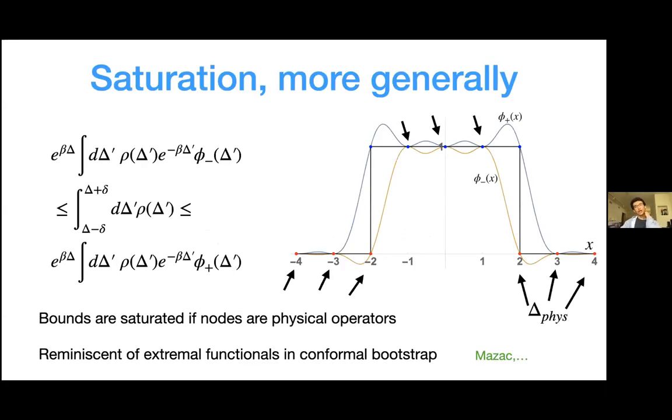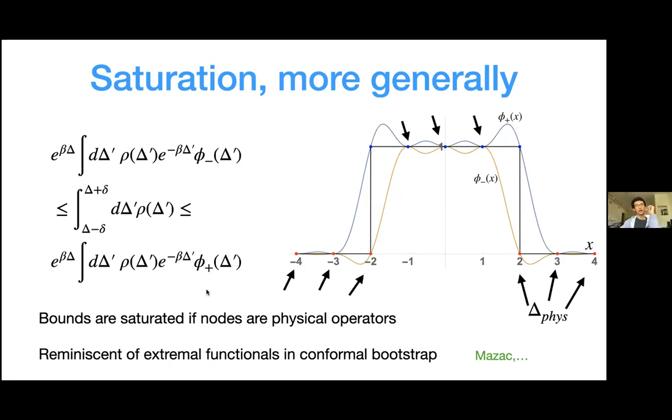Somewhat more generally, we can ask, how does saturation happen? If we go back to these original bounds, written here as integrals over delta prime, the saturation happens precisely when the zeros of these functions phi plus minus are at the physical operators, when these nodes, these red and blue dots, are precisely the physical operators.